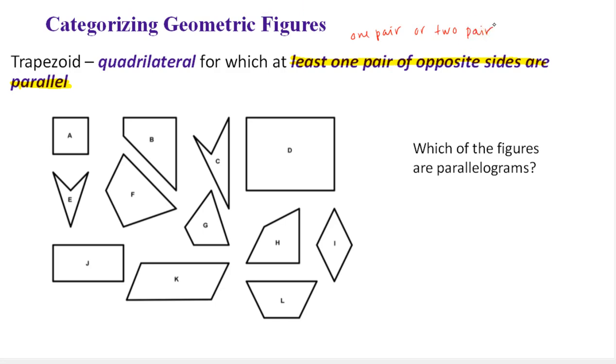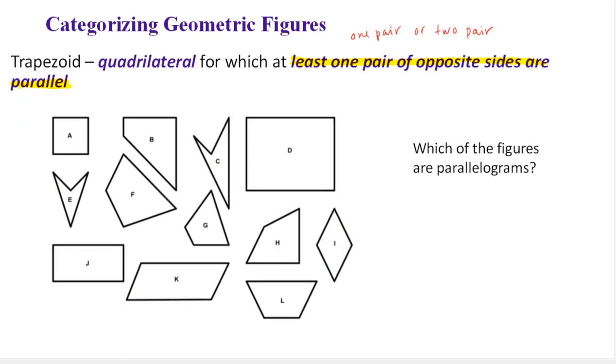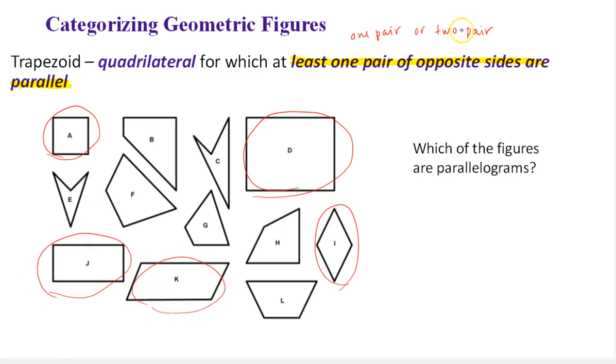Notice all parallelograms will be trapezoids because they have two pairs of opposite sides. So A, D, I, J, K are all parallelograms. They're quadrilaterals and they have two pairs of opposite sides that are parallel.